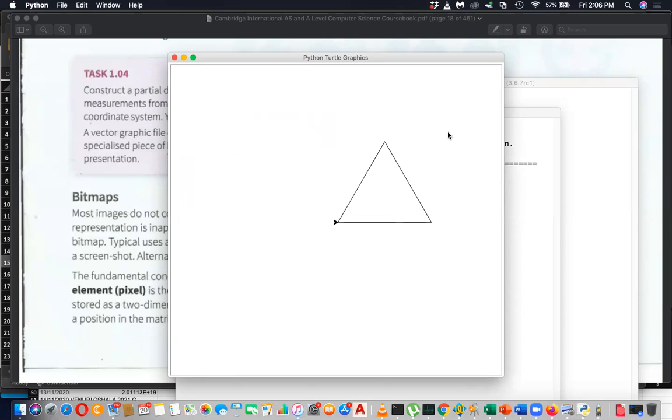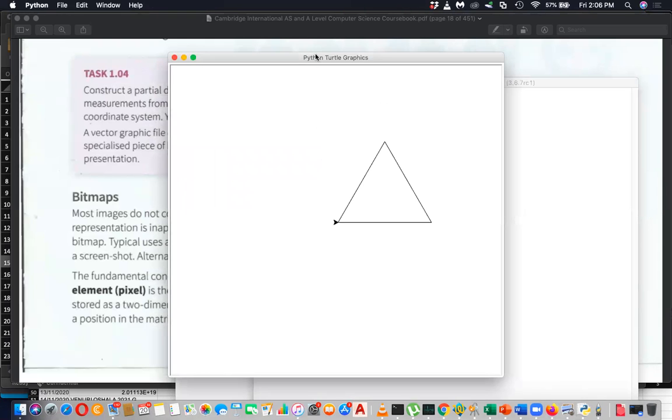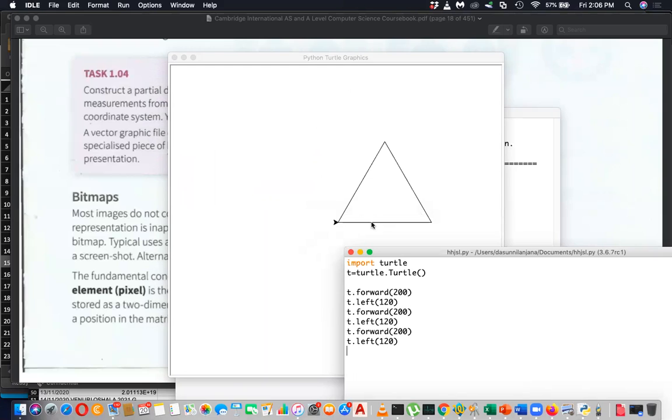Without creating a matrix, I wrote a program, I instructed the computer to mathematically move the cursor. So this is going forward 200 and turn 120. Forward 200, turn 120. The internal angle will be 60, because a straight line has 180 degrees, minus 120 will be 60. That is the internal angle of this triangle.